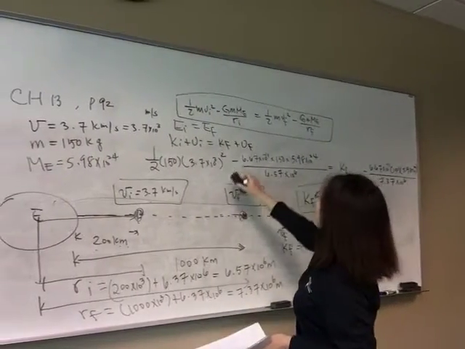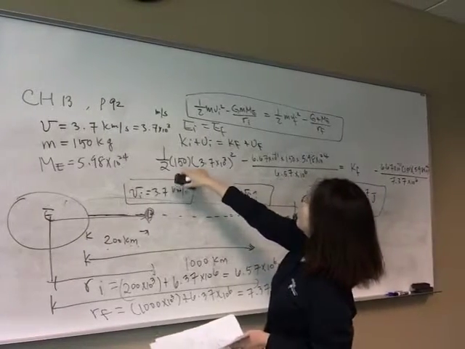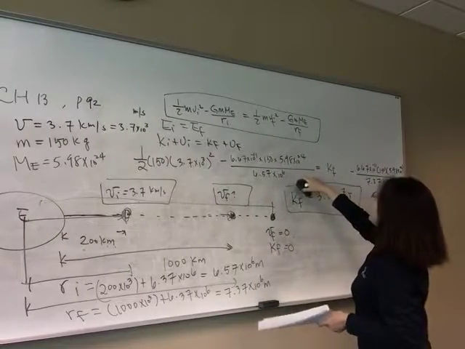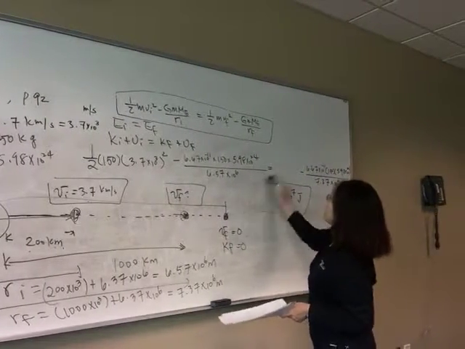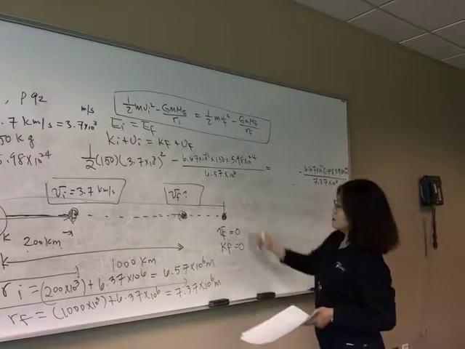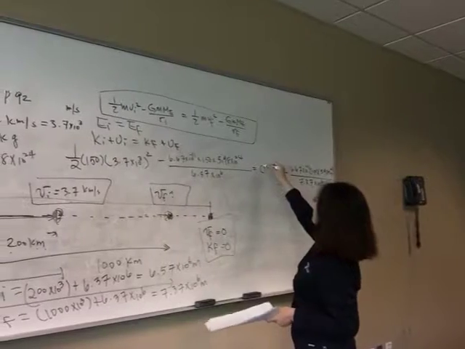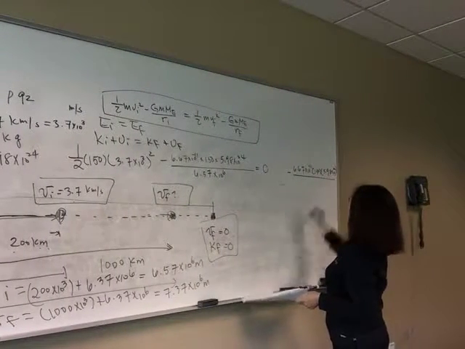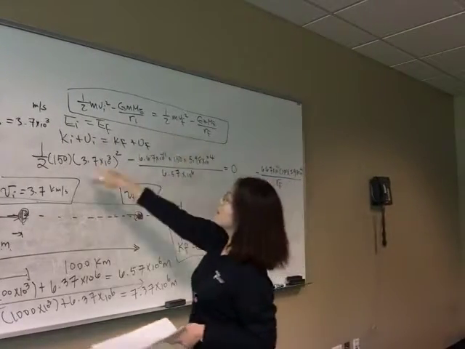So we can still use this equation. You have 1/2 mass and then initial velocity squared. All this stays the same, but on this side there's no more kinetic energy, because the final stage is where we reach the highest point. So no kinetic energy, and then minus this, and we don't know our RF.